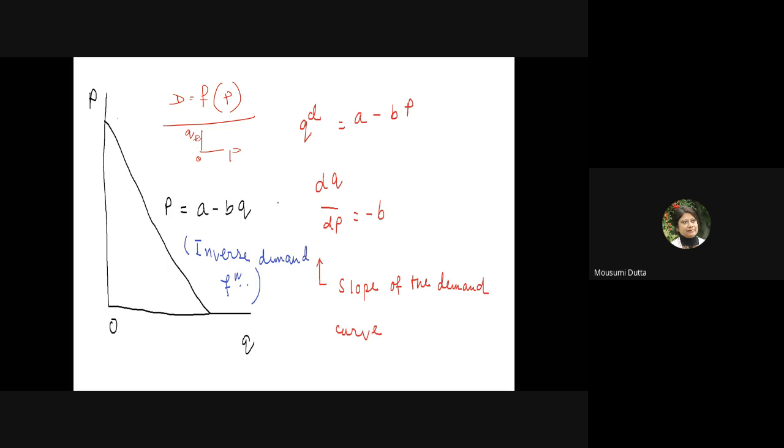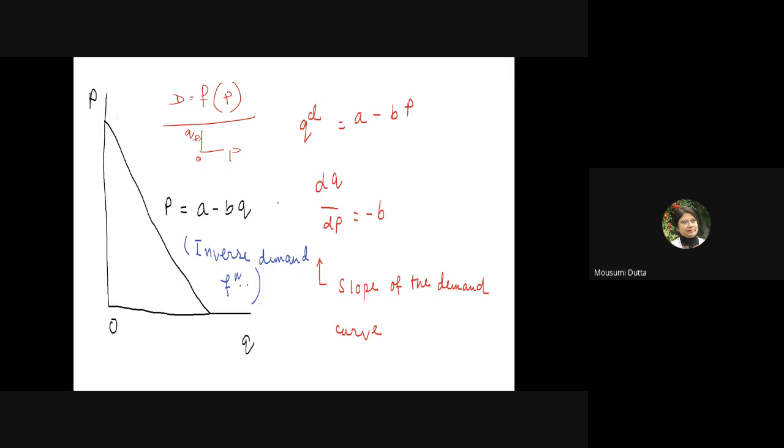However, I didn't do that. I am considering Q along the horizontal axis and P along the vertical axis. So this is nothing but the inverse demand curve. I am considering the reverse axis to present the demand curve.